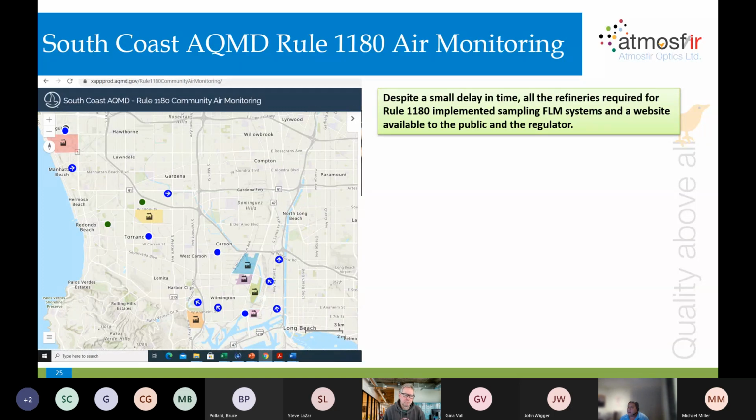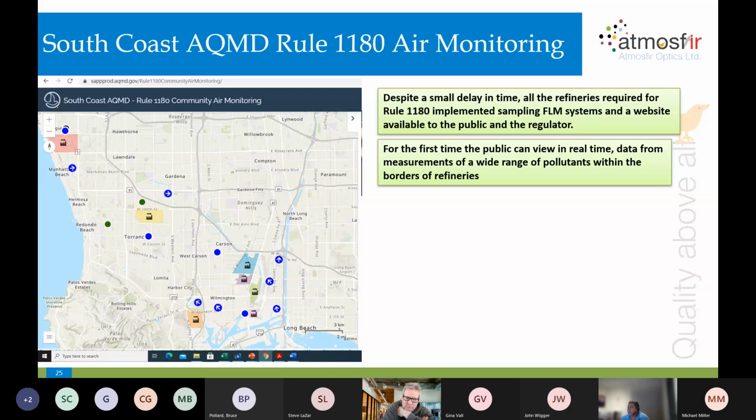The date was the 1st of January, slightly delayed. By March, everybody was there. So what we get is, if we need to do it, it's possible. All 7 refineries did it.